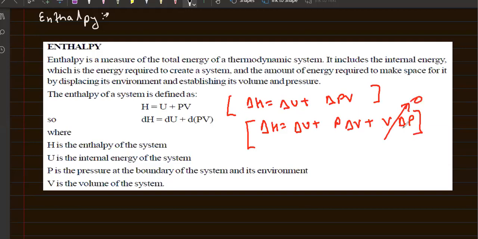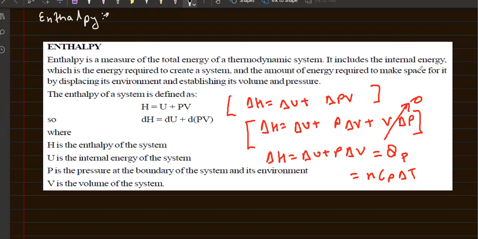So it will become delta H is equal to delta U plus P delta V. And this is equal to Q at constant pressure, and this is also equal to n Cp delta T. That we have already studied. I hope all of you remember this, since we have already studied enthalpy.